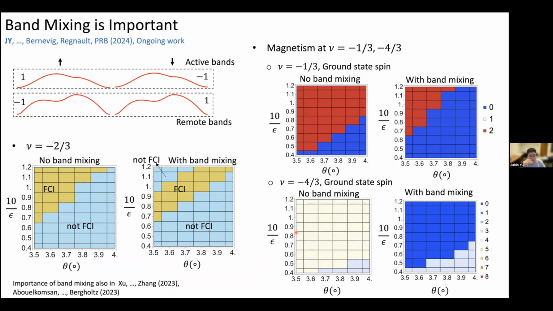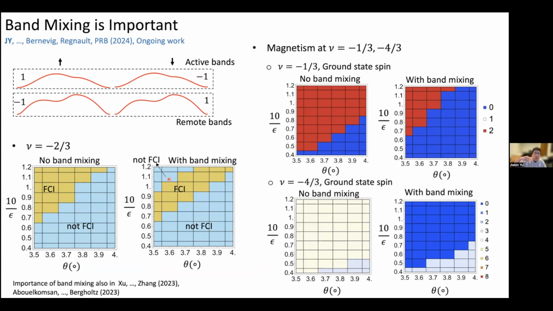Currently we don't have a very precise theoretical understanding, but I have some intuition that I can share. Let's look at the -2/3 state. The reason why you go to strong interaction and the FCI disappears is that the remote band has the opposite Chern number, -1, as the lowest energy band.